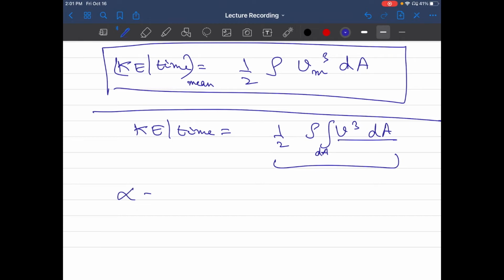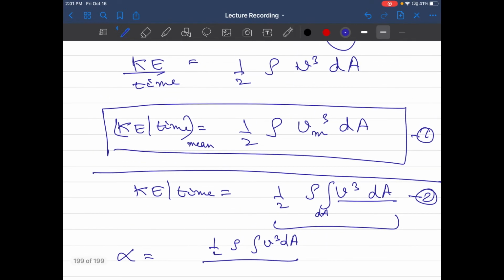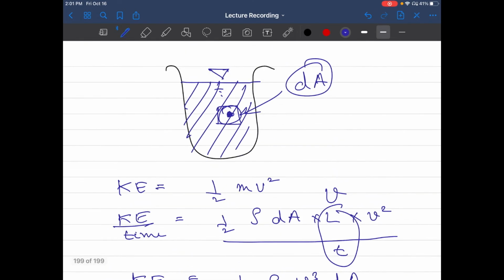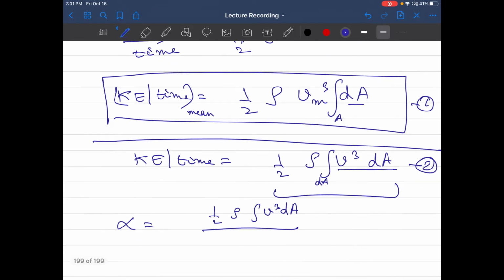And when we have to look for the correction factor, we simply say that it should be equation 2 upon equation 1. That means the more realistic description comes in the numerator, which is half rho V cube dA. Since this was through a small element dA, we can integrate it over the entire cross-sectional area, and this will give us the KE per unit time using mean velocity.